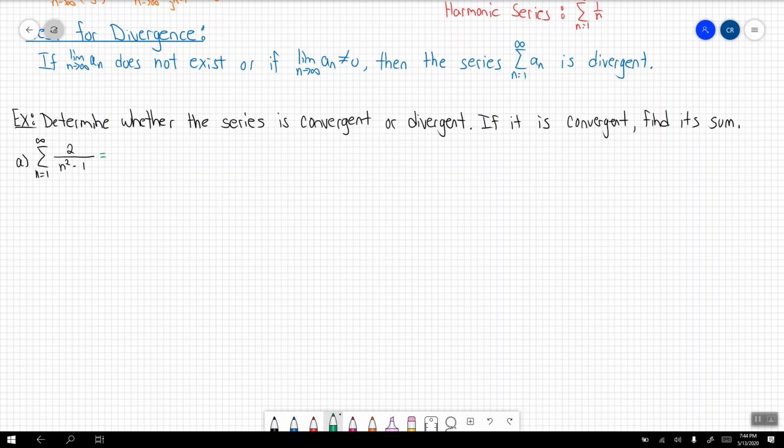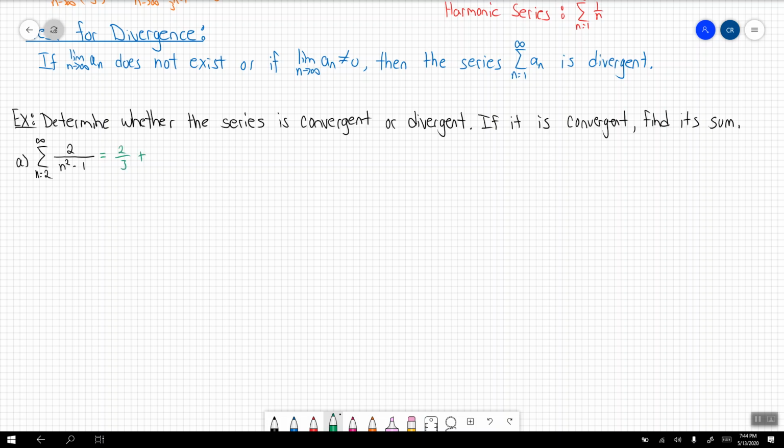All right, here we go. So let's start looking at this, and I'm actually not going to start at n is equal to 1. I'm going to go to n is equal to 2 and start from there, just to see what happens as we go through this. So starting at 2, we're going to get 2 divided by 4 minus 1, so we're going to get 2/3.